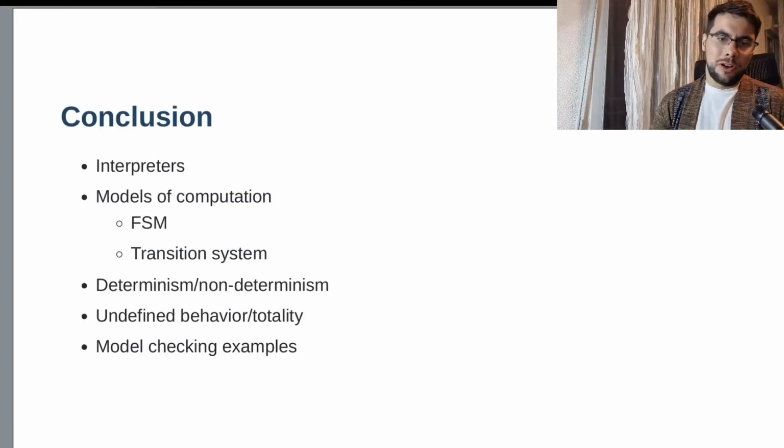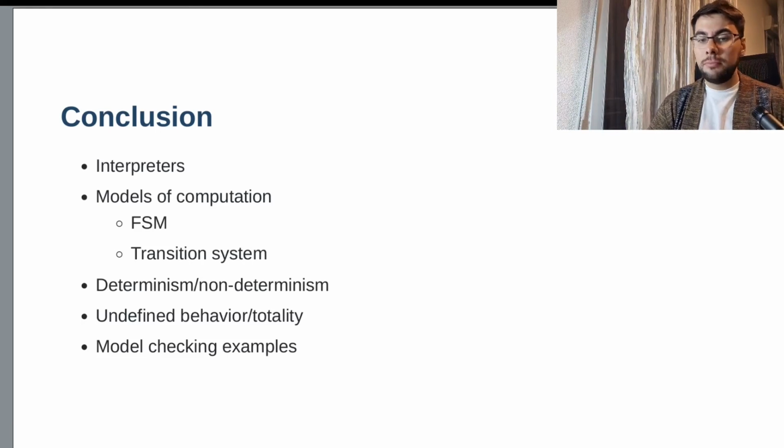Okay, to conclude today's part, we have studied examples of deterministic and non-deterministic finite state machines and transition systems. We have learned that if the system is easy to describe as a finite state machine, then we should absolutely do it. And then we can encode this finite state machine on a target language with very little effort. We have observed the differences between deterministic and non-deterministic behavior and provided some examples from more conventional programming languages.